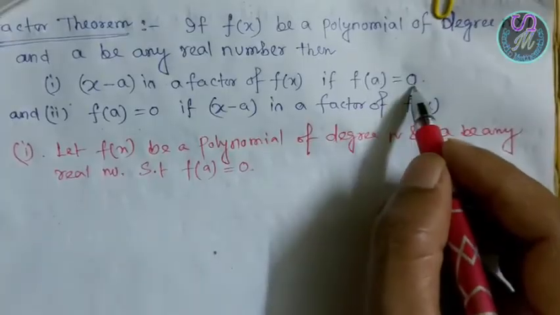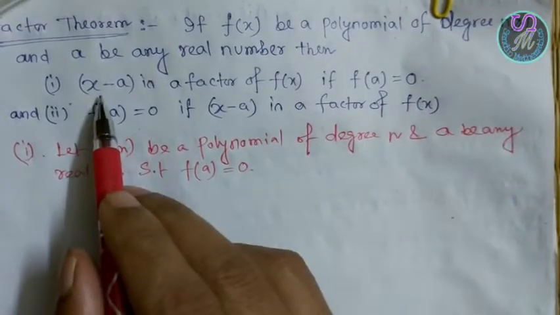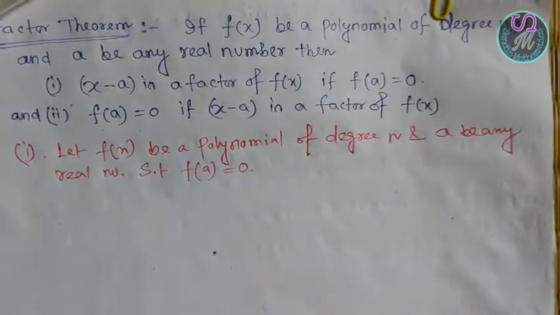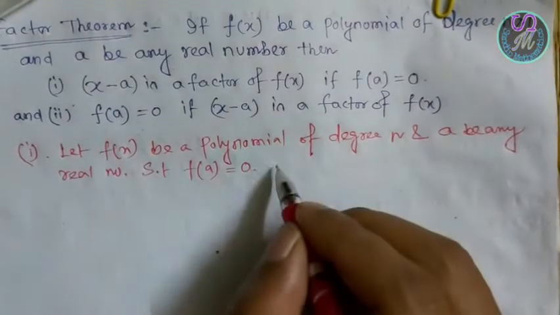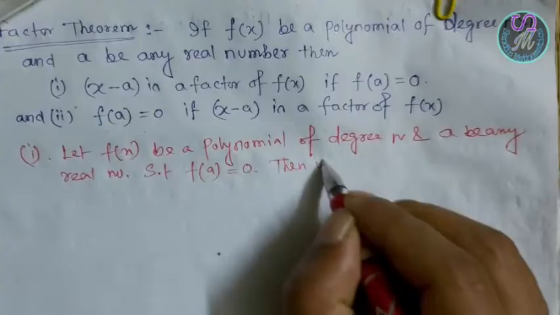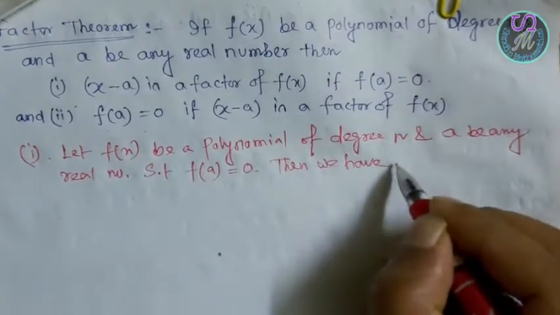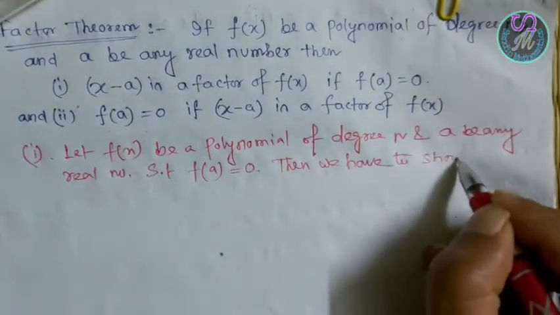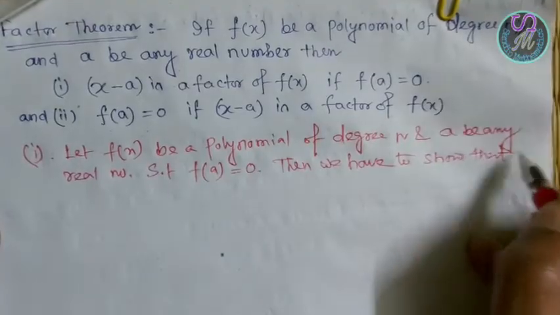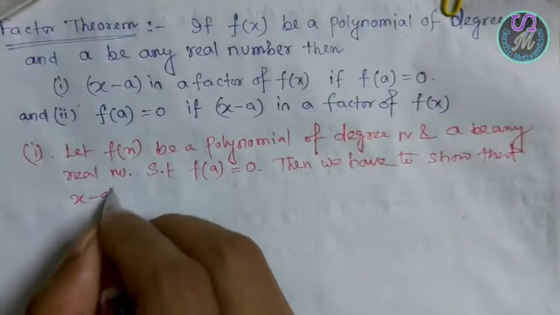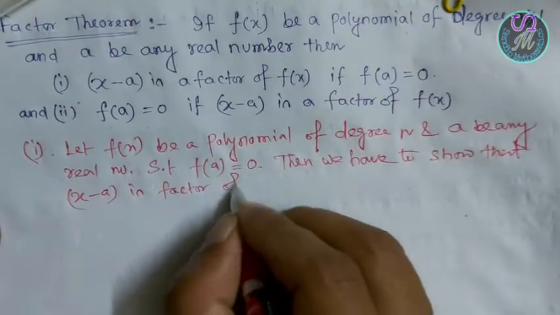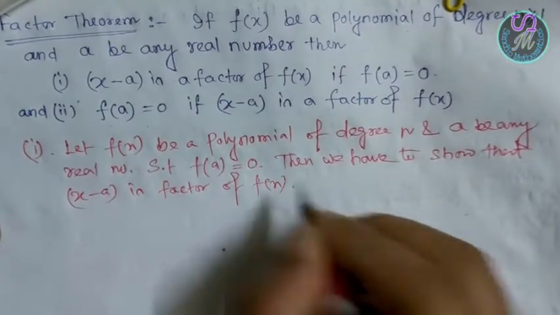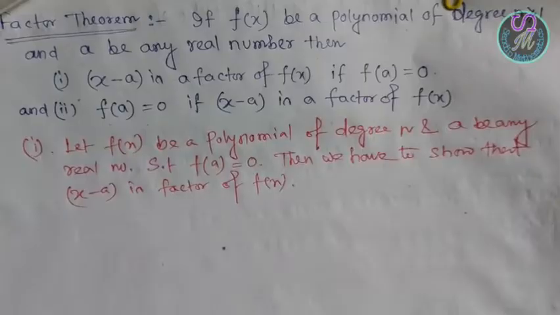So the condition is f(a) is 0. Then we have to prove that x minus a is a factor of f(x). Then we have to show that x minus a is a factor of f(x).